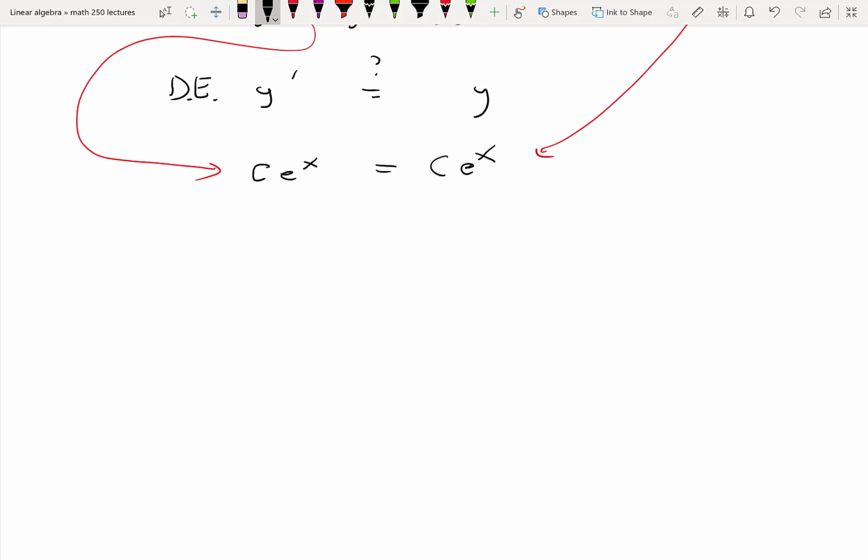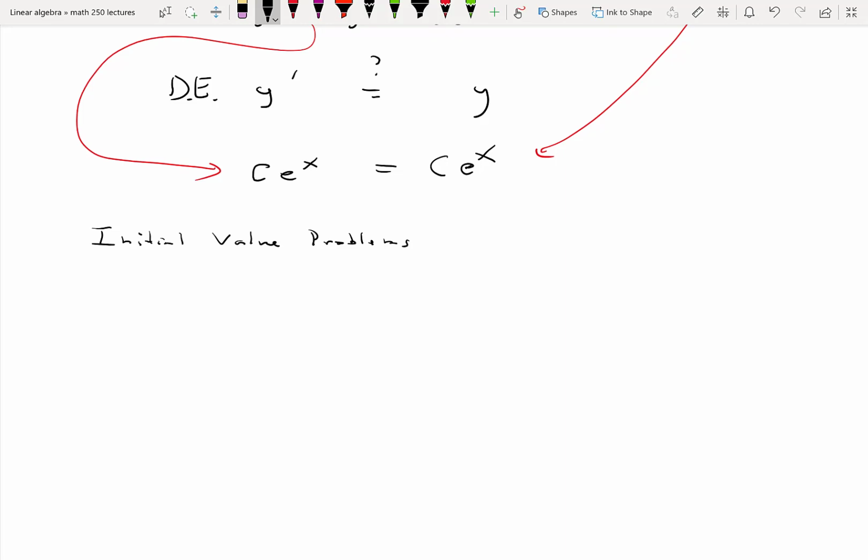There's another kind of problem that we address in this course. They are called initial value problems. Initial value problems contain two things.